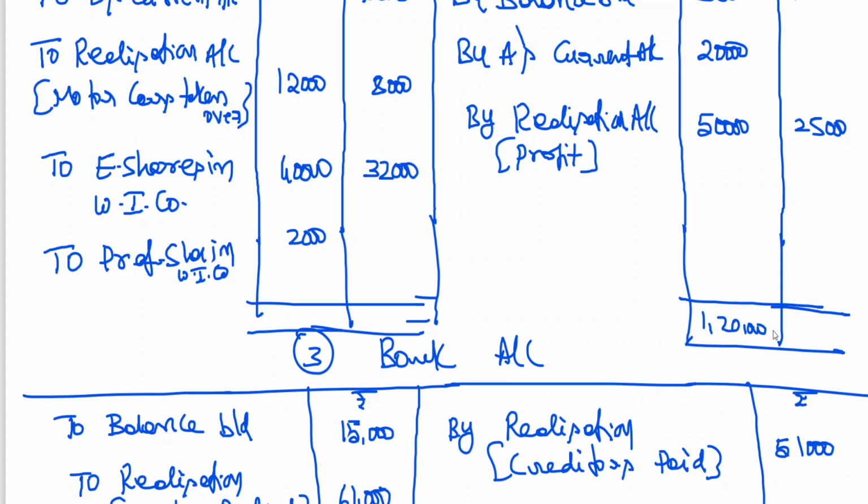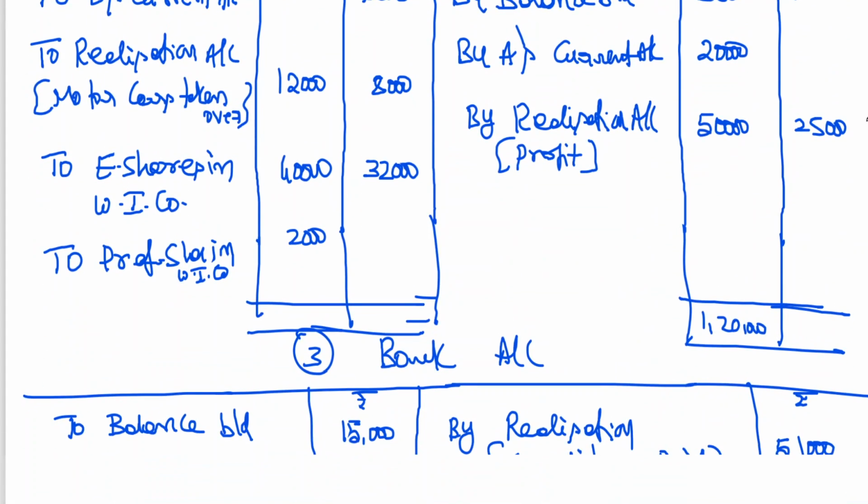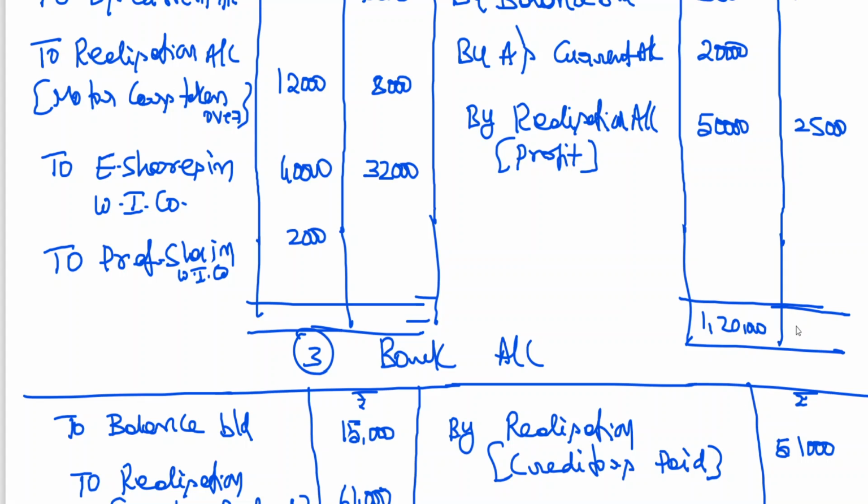I think the credit side is showing more as far as A is concerned. B: 40 plus 25, 65,000. Here also B's credit side is showing more. 1,20,000, 65,000.